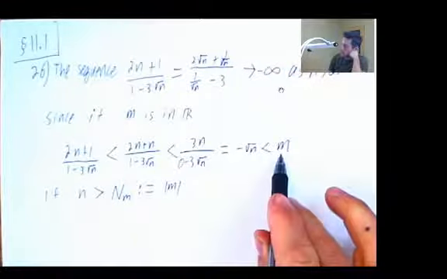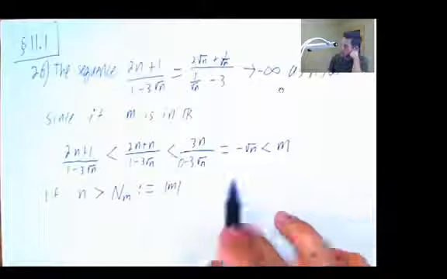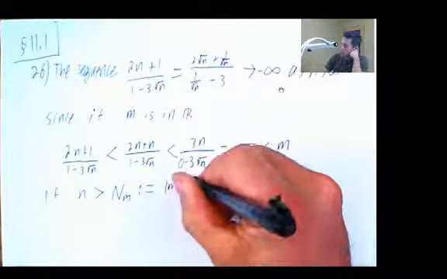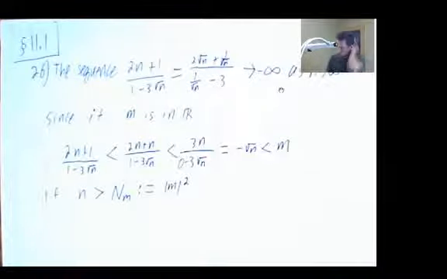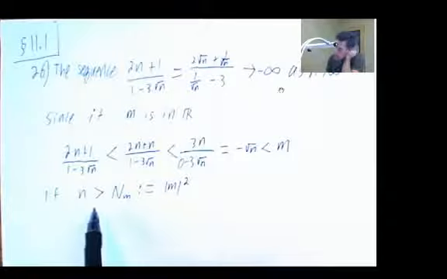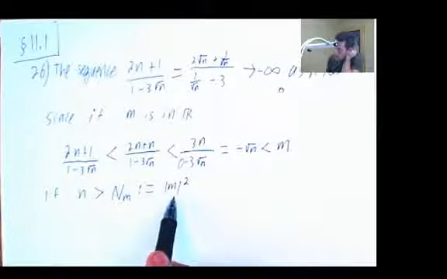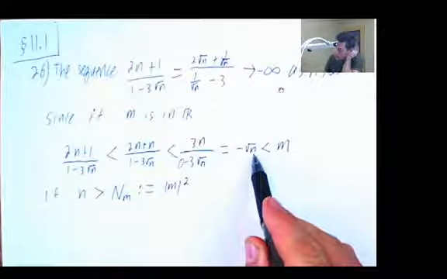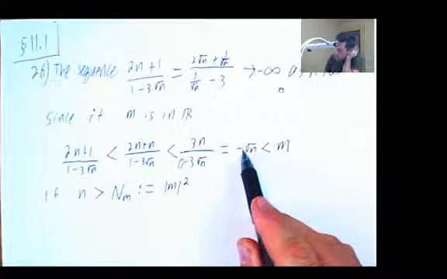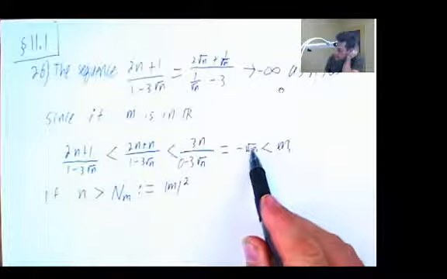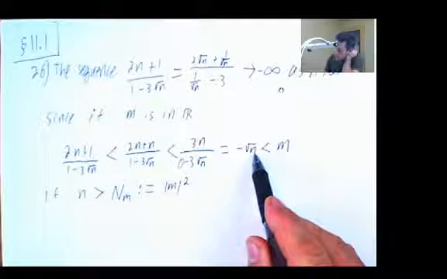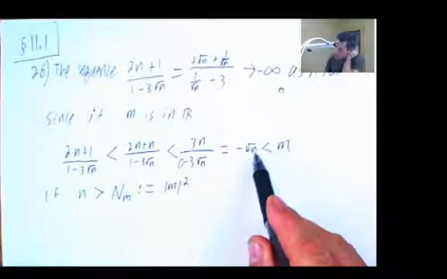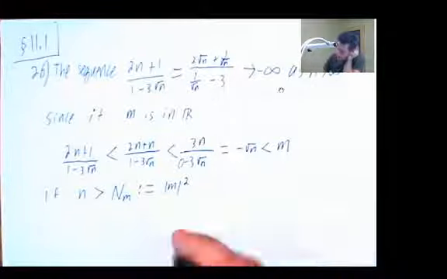So if m is a negative number like negative 1,000,000, then this is 1,000,000 squared. So if n is bigger than the absolute value of m squared, think about that here. If you have something even bigger than the absolute value of m squared, negative absolute value of m squared, square rooted, so negative absolute value of m, so certainly it's going to work.